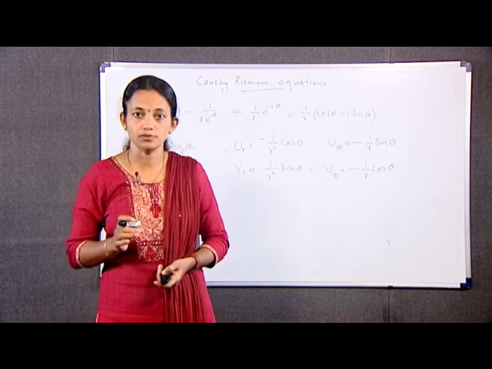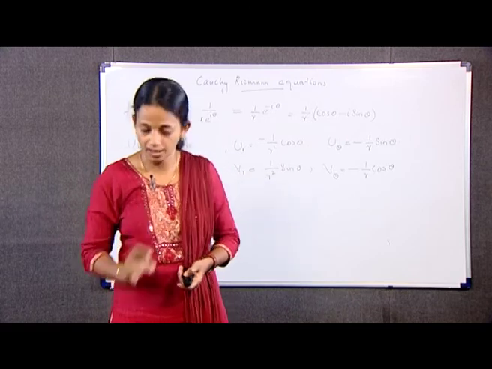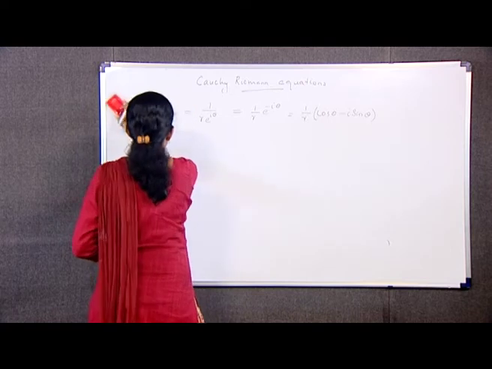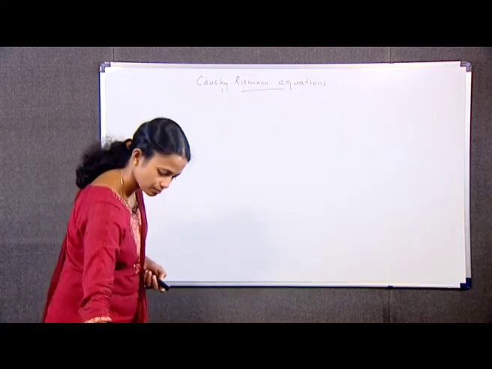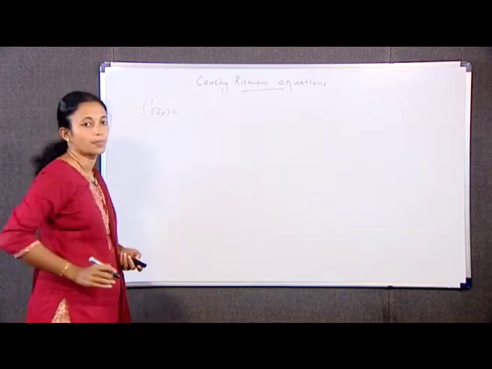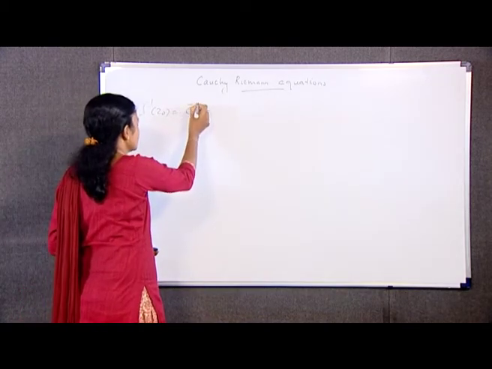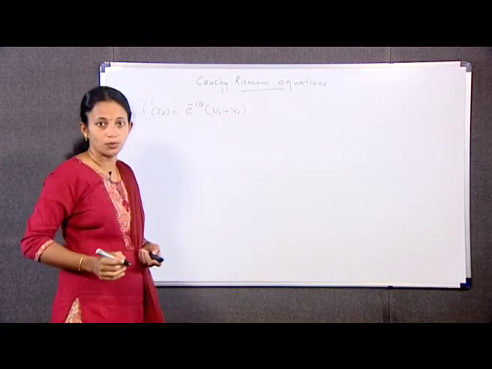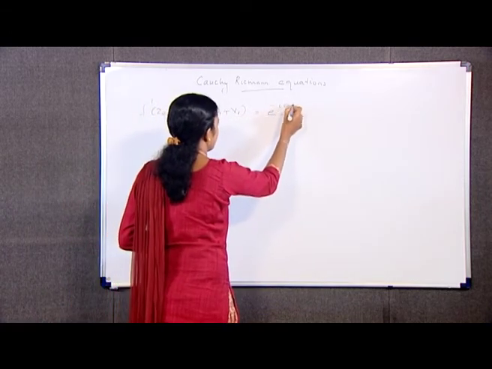Hence, the derivative of f exists there, and according to formula we have f dash z naught is equal to e raised to minus I theta into u r plus v r.